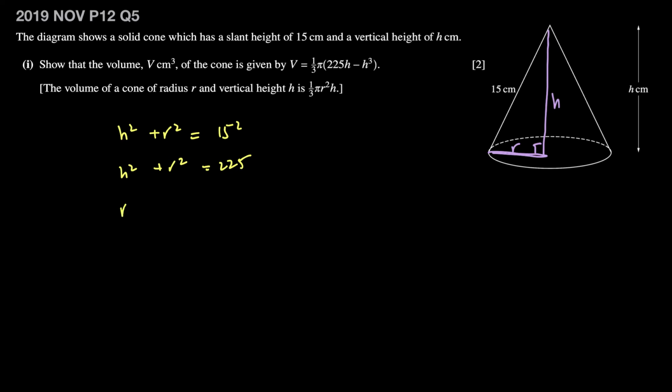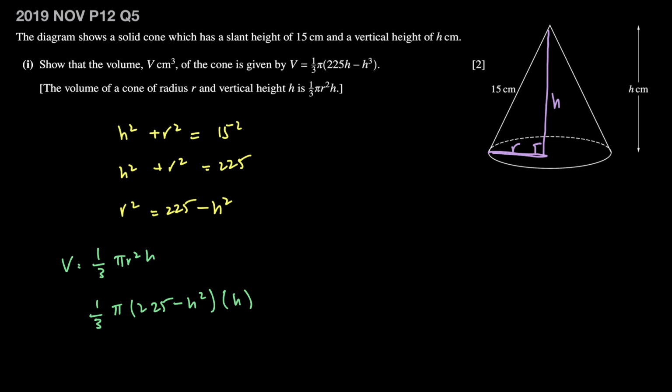Now what that means is that we can say r² = 225 − h². So now we have an expression for r² in terms of h. Now if we plug this into the formula for volume, the volume is simply 1/3 π r² h, and we know that r² is simply 225 − h², times h.